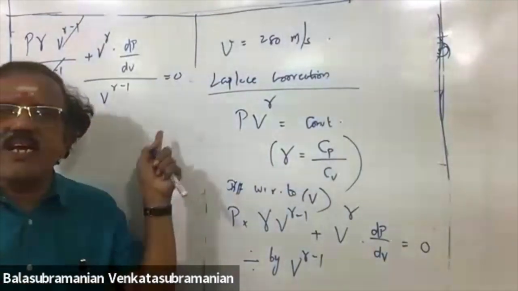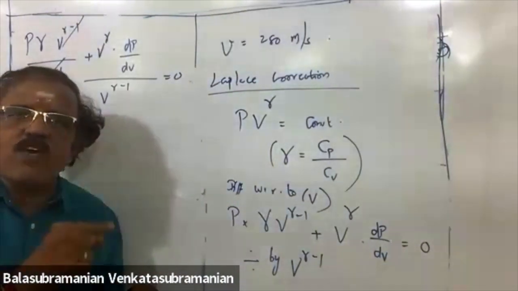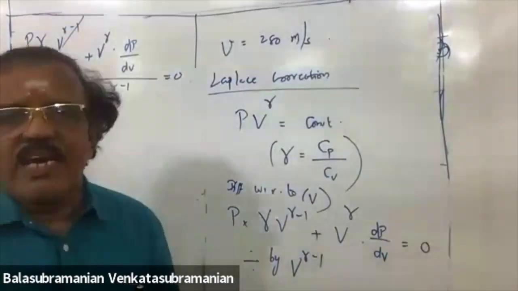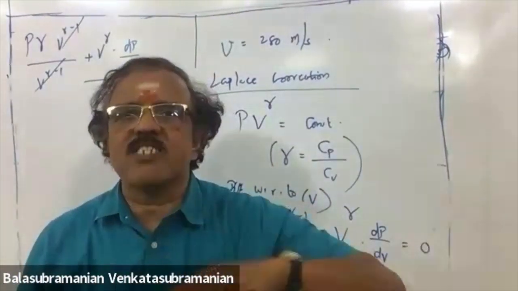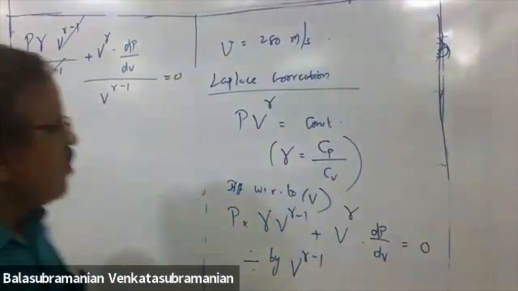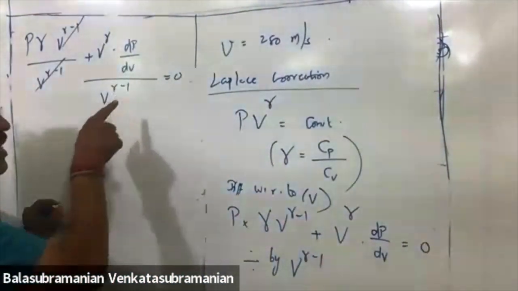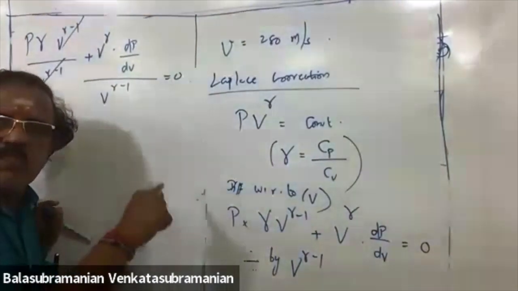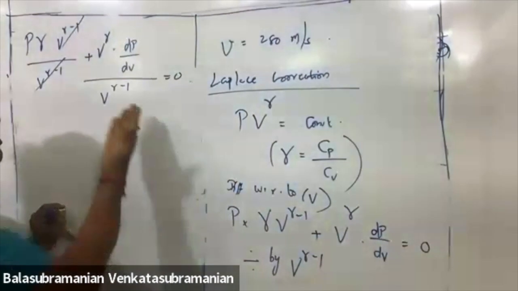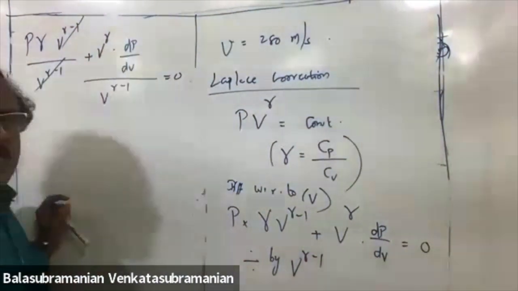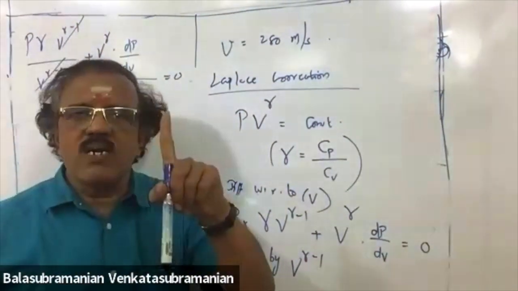V power gamma minus 1, I can write as V power gamma into V power minus 1. x power m plus n is x power m into x power n, like that. V power gamma cancels. This V power minus 1 in the numerator will become V power 1.